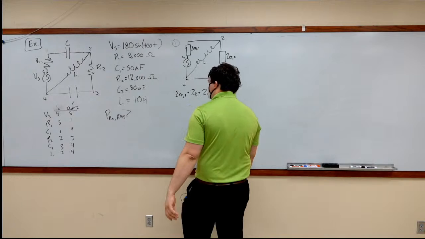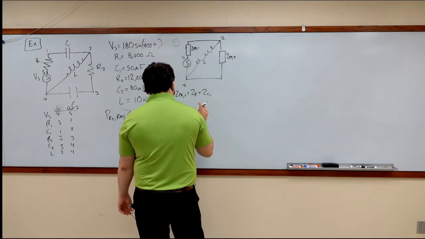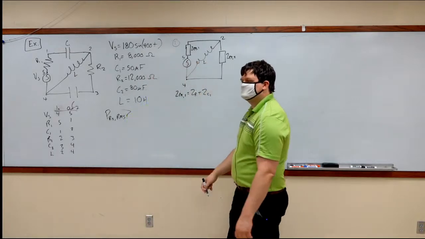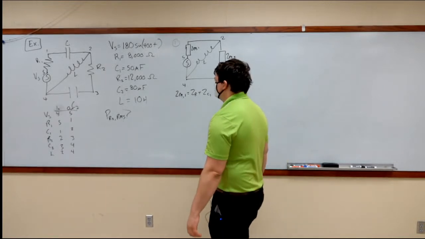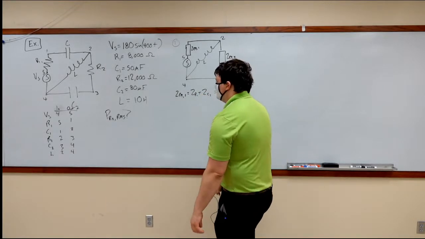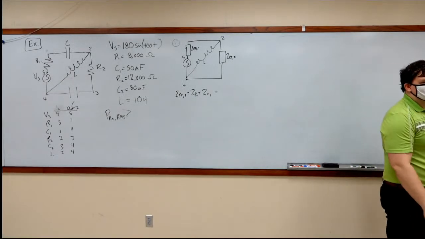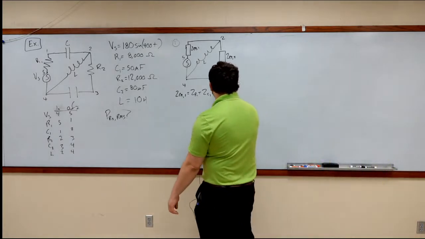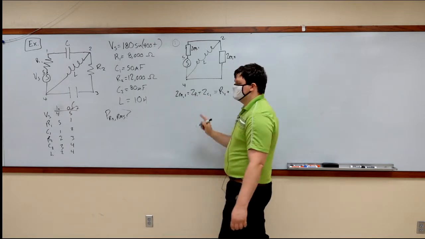Math. All right, what is ZR1? It's just equal to R1, which is equal to 8,000. What is the formula for ZC?